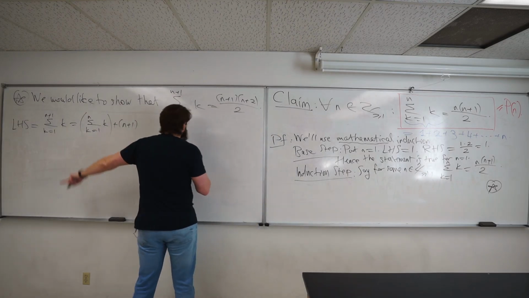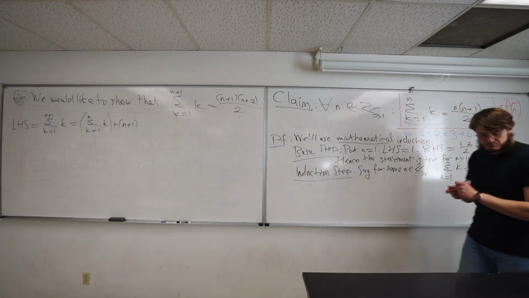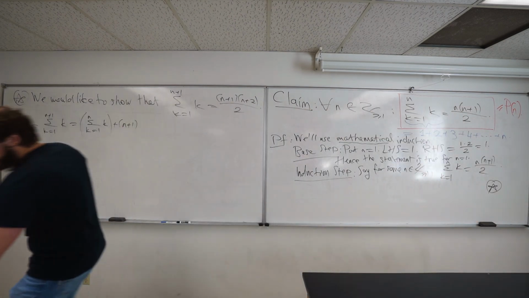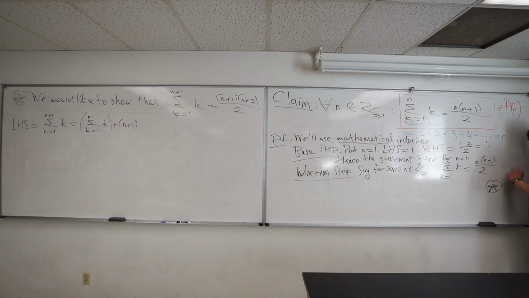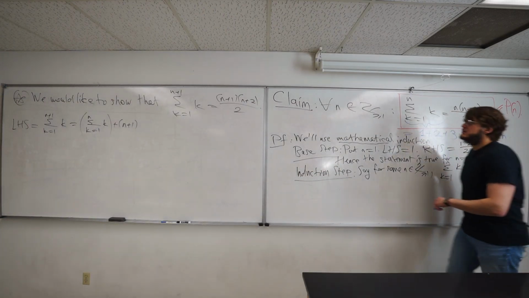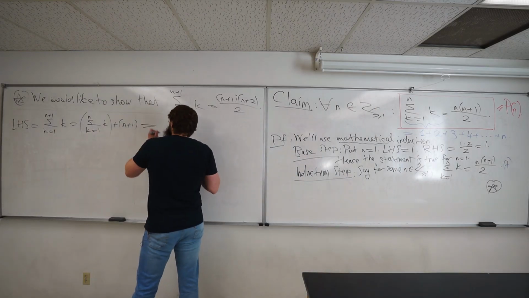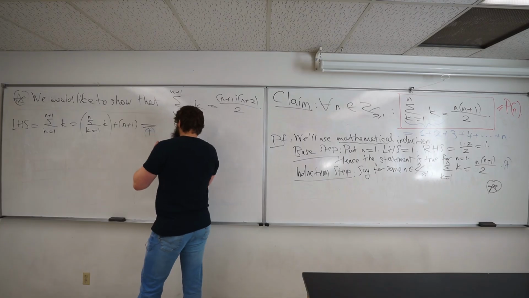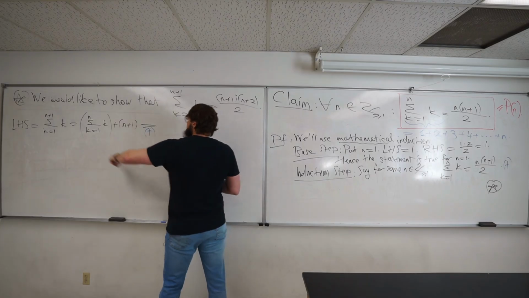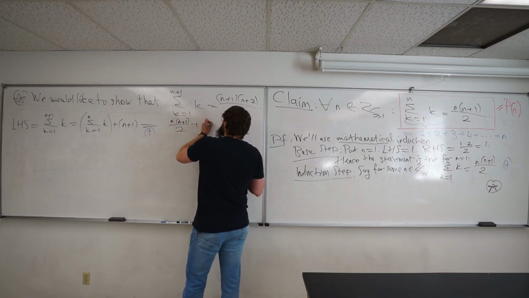But then instead of this, I can use this expression, because that was something I assumed. Let me put a dagger here. Dagger. Instead of this, now I have n times n plus 1 divided by 2 plus n plus 1.